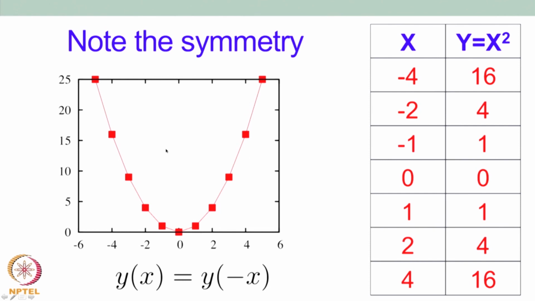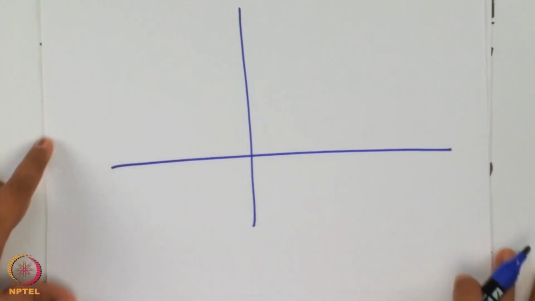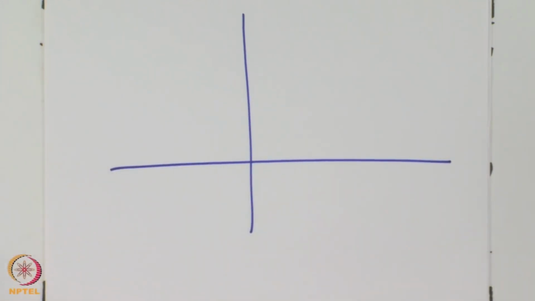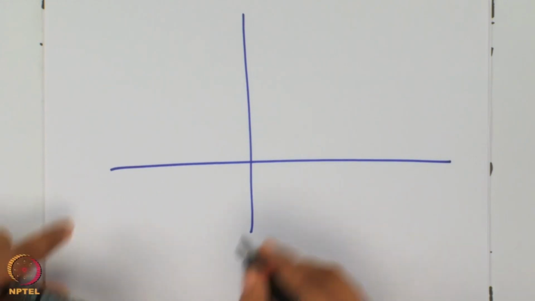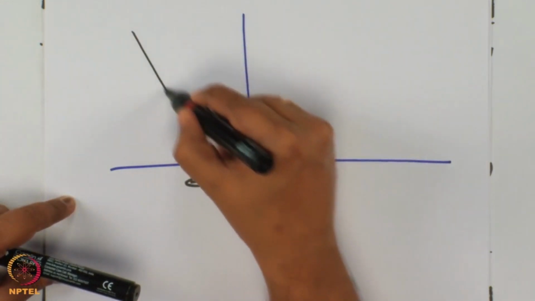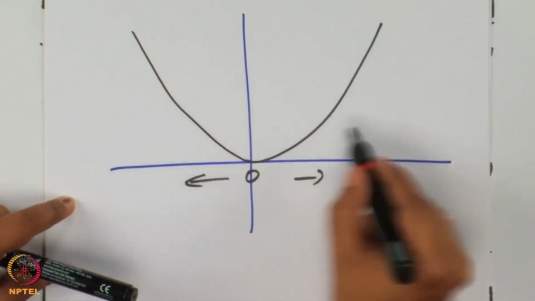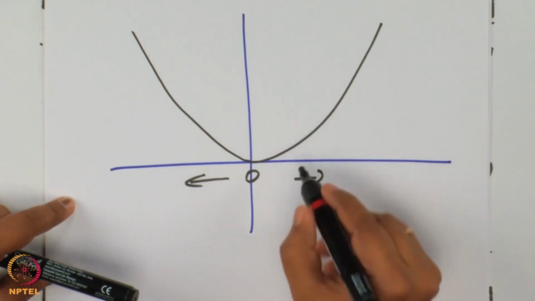Let me plot here. We are plotting both the minus side and the plus side of this. So this is 0, this is negative and this is positive, and it looks somewhat symmetric. What does it mean?